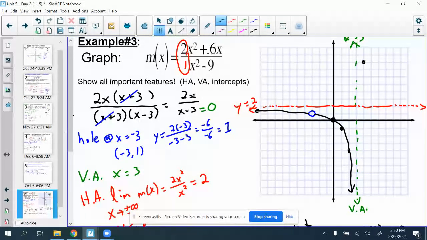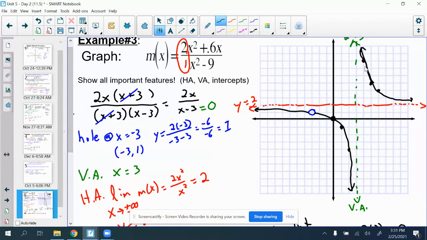If I put 5 in, 2 times 5 is 10, 5 minus 3 is 2, 10 divided by 2 is 5. 6 would be 12 over 3, which is 4. 7's not going to give me a nice one. 8, 16 over 5. 9 would be 18 over 6. 10 would be 20 over 7. So I'm drawing on my computer, so this isn't very smooth, but we want to have a couple points.